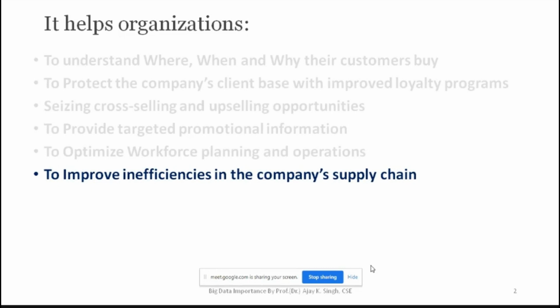The moment you buy, by using the bar scanner, the software is going to tell how many products are balanced in your shop at the end of the day. So next time, he is going to place an order for new product, and ultimately he gets the product well in time. Clear? So he is not going to lose money. So this is what is called supply chain.